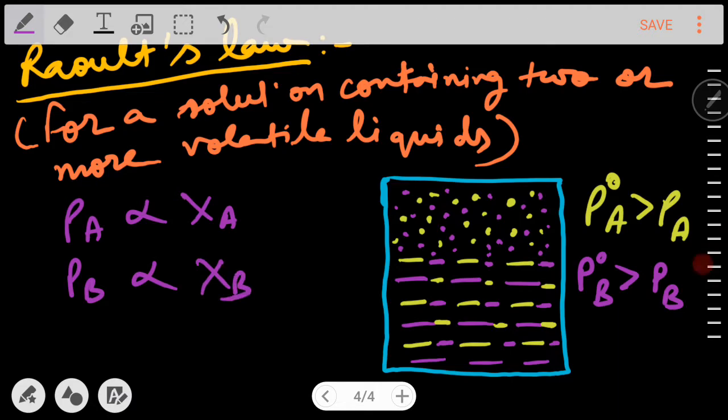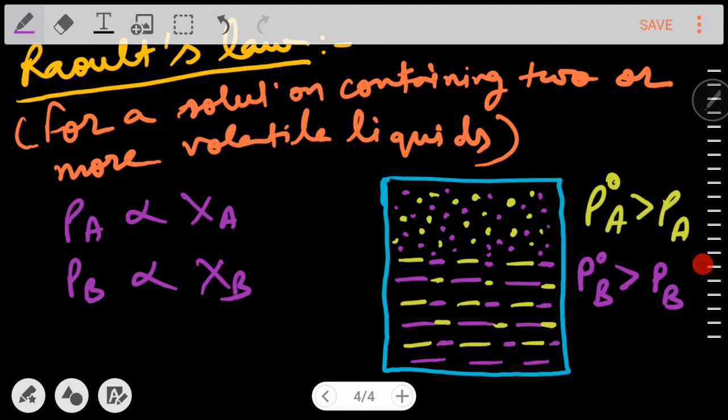This is the Raoult's law for the solution containing two or more volatile liquids. It means the partial vapor pressure of a component in the solution of two or more volatile liquids will be directly proportional to the mole fraction of that component.